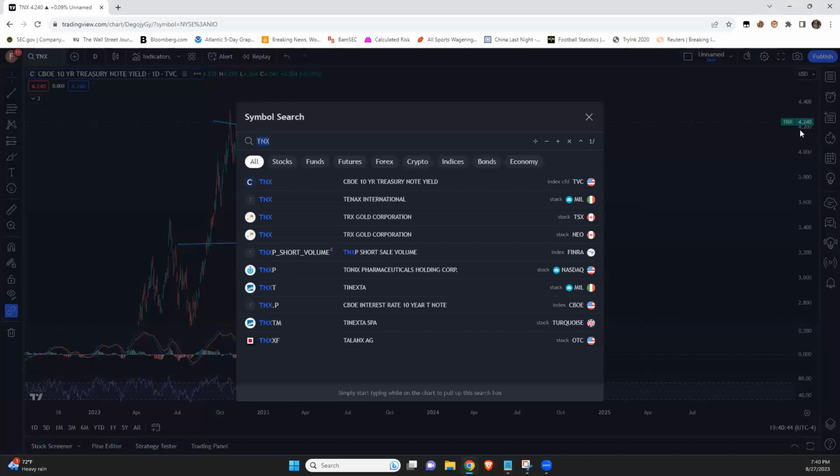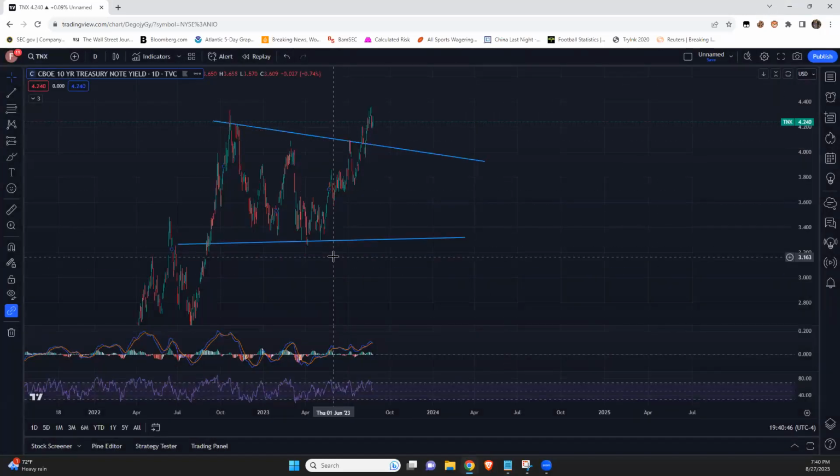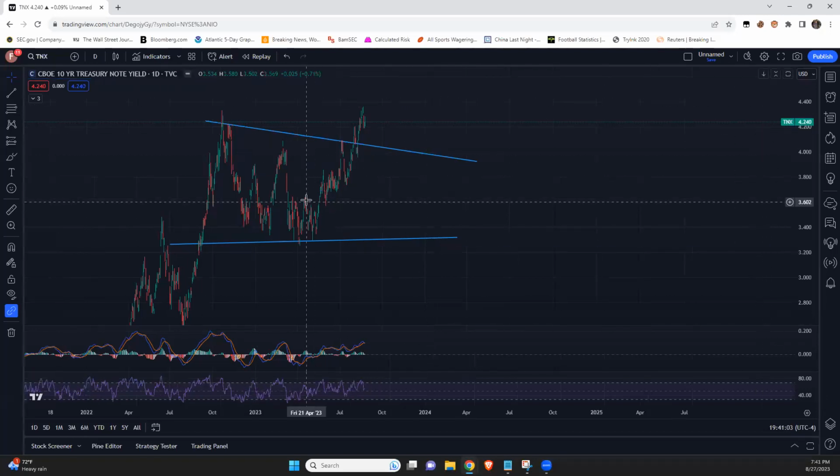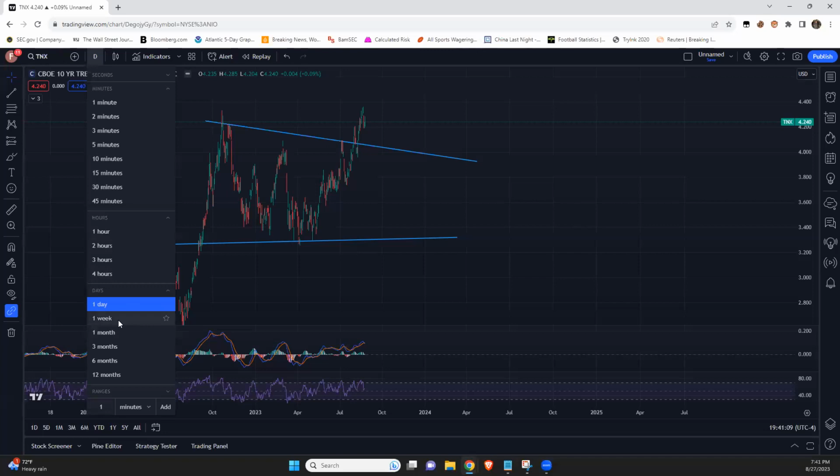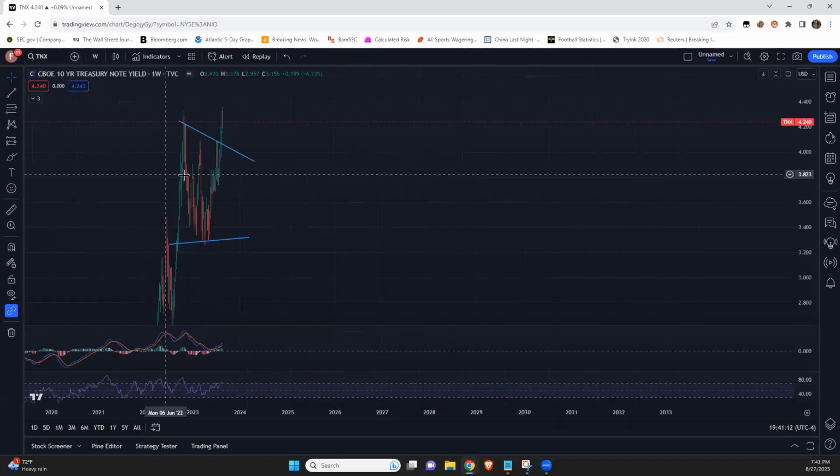I don't know why it shows this, give me a sec. Yeah, if it breaks over the 4.5 area, that's something I really want to watch, right? So this is something I'm going to be watching very closely. Seeing some beautiful strength. You know, it's not very good for the bulls, right?